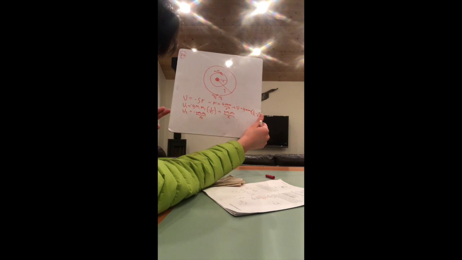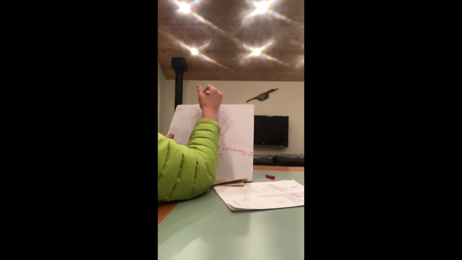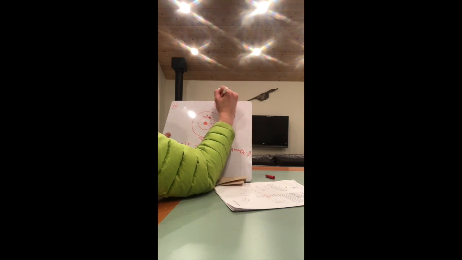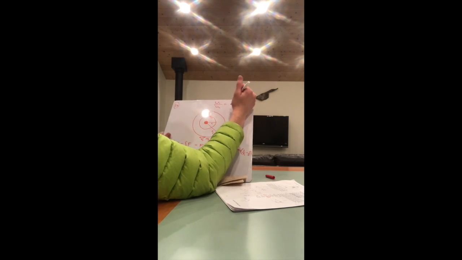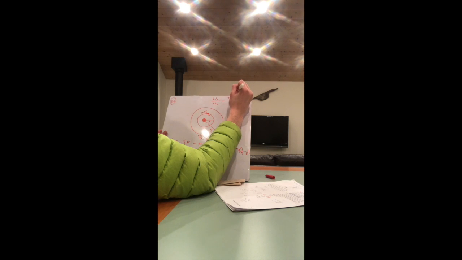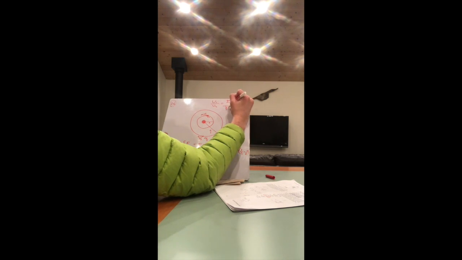Then we can find the ratio between U1 and U2. So we'll start up here. U1 over U2 equals G M1 Ms over R1, all over G M2 Ms over R2.